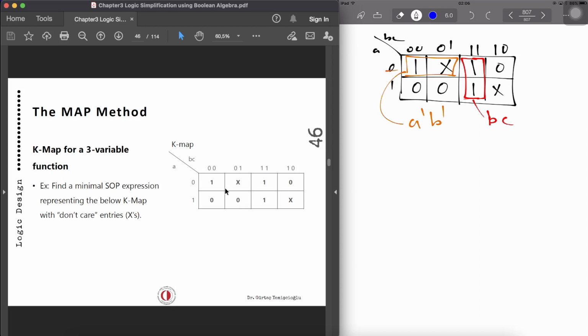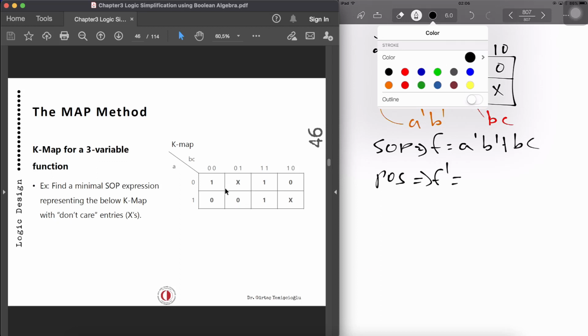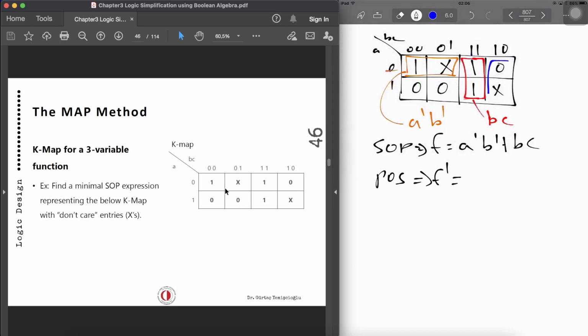Now, this is for SOP. F is going to be A prime B prime, or B C. For POS, which we need to find out F prime, I can combine that 0 with x. So I'm making the assumption that x equals 0.